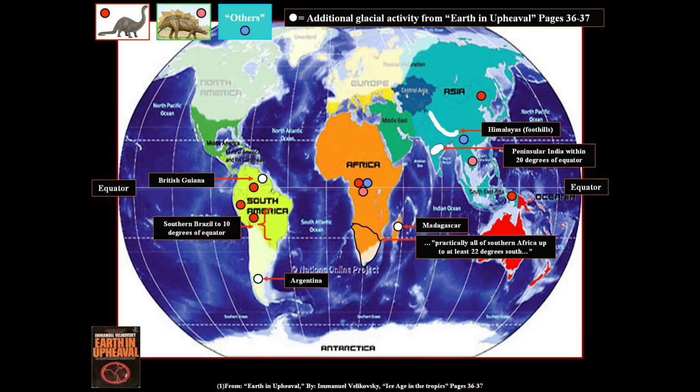If you'll notice on the screen here, I showed you this map on my last video. At the far top left of this picture, you'll see some dinosaurs and little colored dots, and I failed to tell you what those were for.